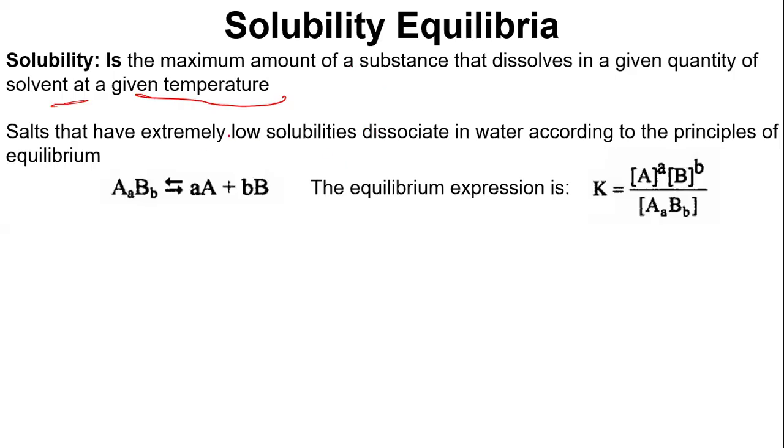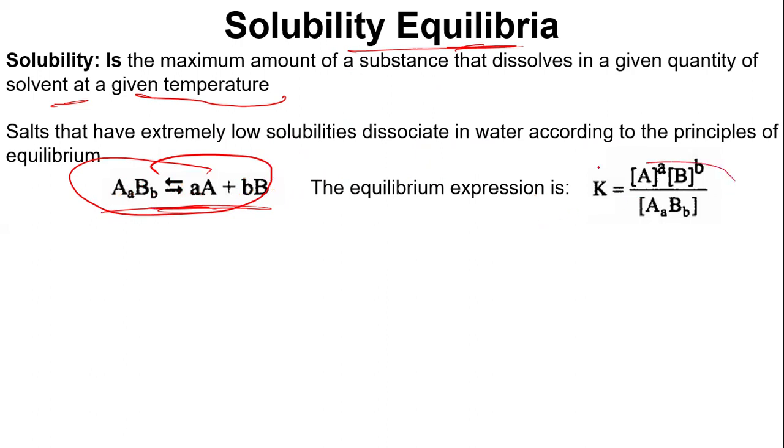Salts with extremely low solubility dissociate in water according to the principle. And so for a conversation around solubility equilibrium, we have to talk about reversible reactions, which only come into play when we talk about sparingly soluble salts, or salts with very low solubility.